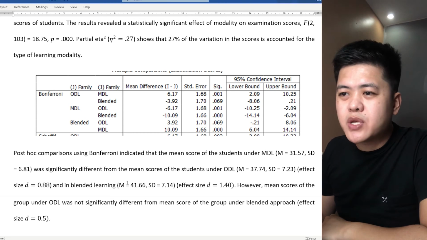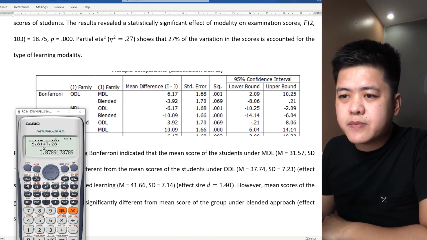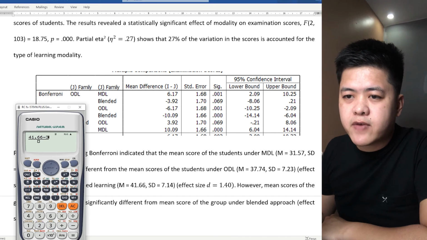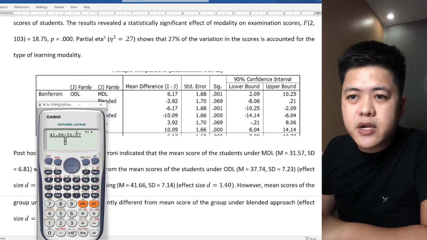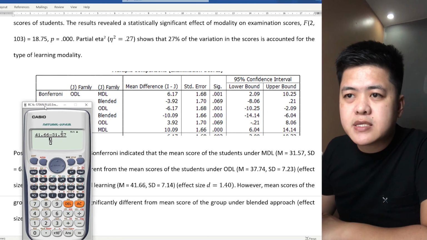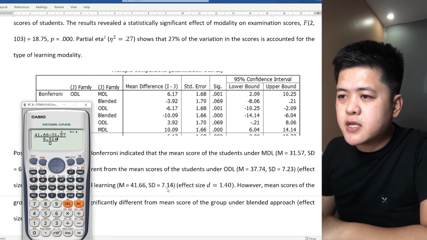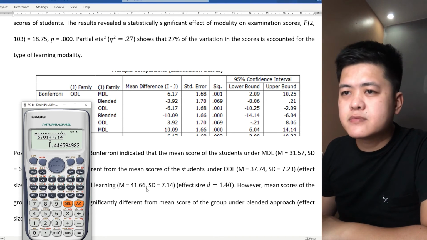And for MDL versus blended learning, sige, let's compute for d. Again, let's subtract 41.66 minus 31.57 divided by the average of the standard deviations. Standard deviation for MDL is 6.81 plus 7.14 divided by 2. The answer is 1.45.